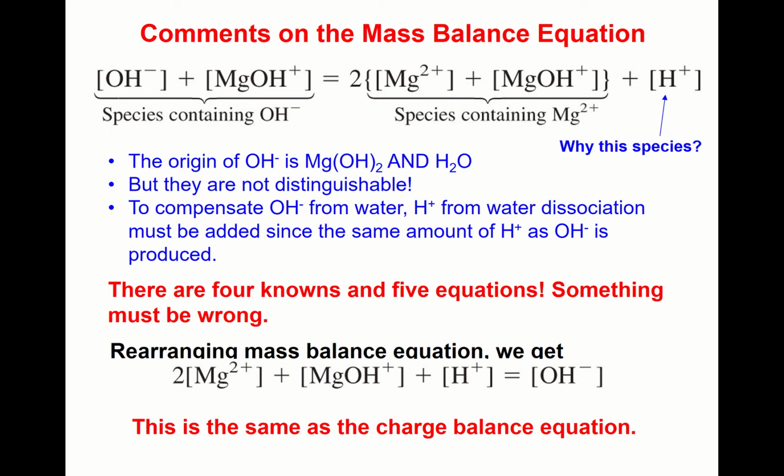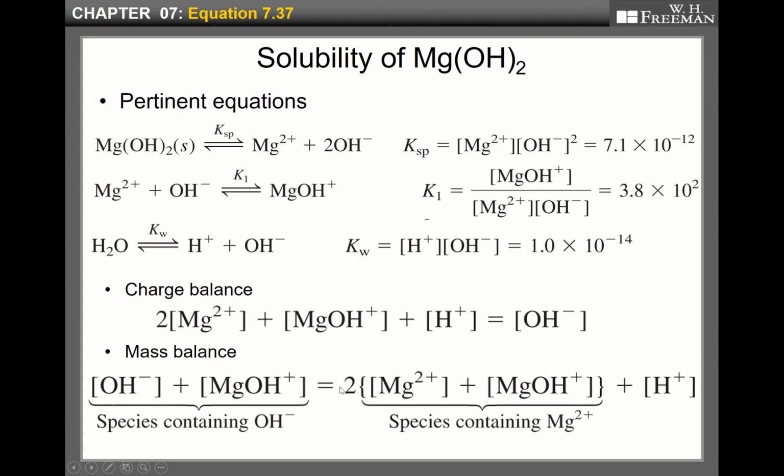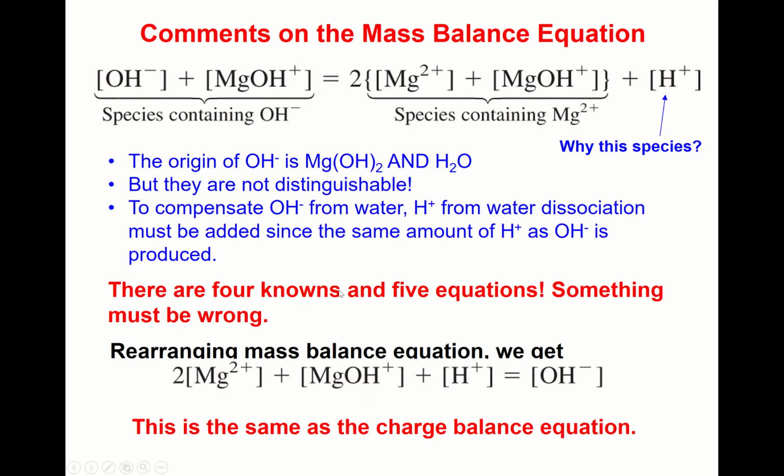Let's rearrange this mass balance equation, and then you will end up getting this equation. This is a rearrangement of the mass balance equation, and this equation is the same as the charge balance equation. So actually there are only 1, 2, 3, 4 equations, and 4 unknowns.